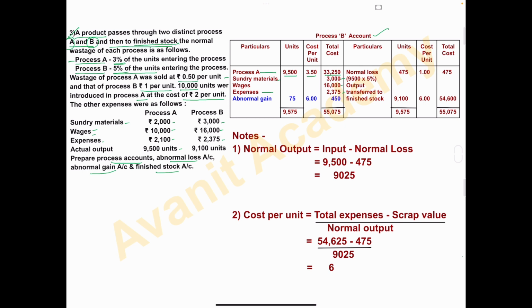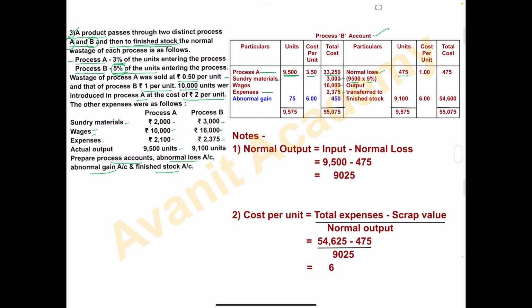In process B, there is a normal loss of 5%, which we'll calculate on the input. So in process B, input is 9,500 units. So write credit side, normal loss, and in bracket, input 9,500 into 5%. Multiply this 9,500 into 5%, you will get 475.